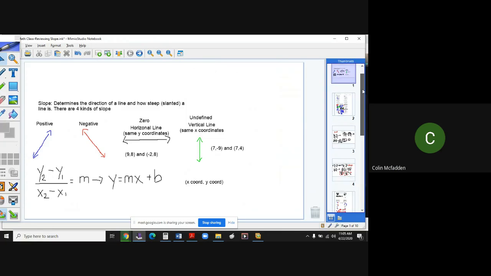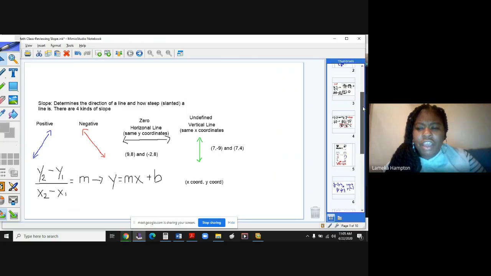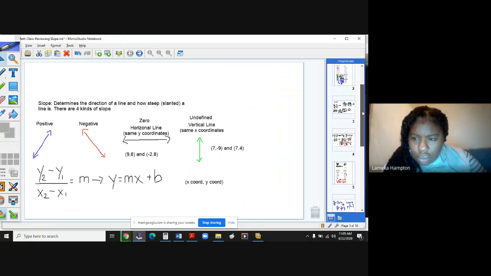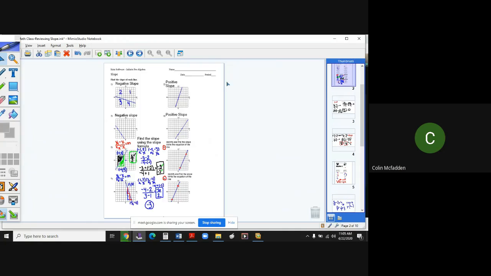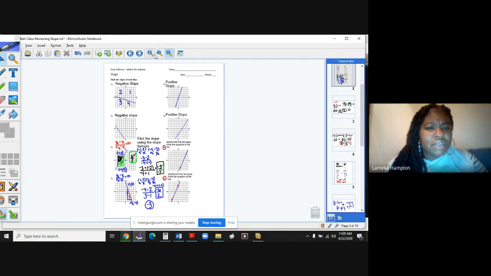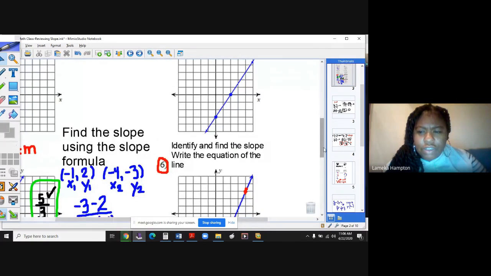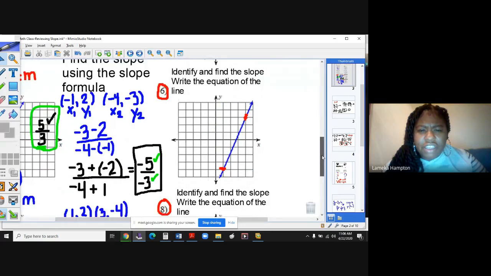Okay. So I will go back here. Which one is it? I can't see. Oh, it was this one. All right, so we have a positive slope for number 6. Hopefully y'all can see that. I will move this over just a smidge.